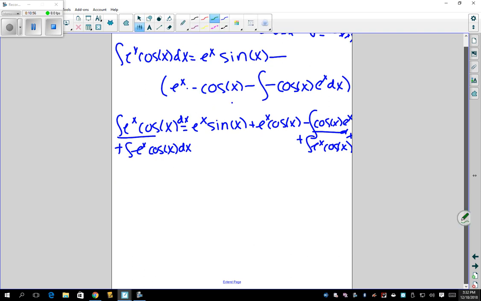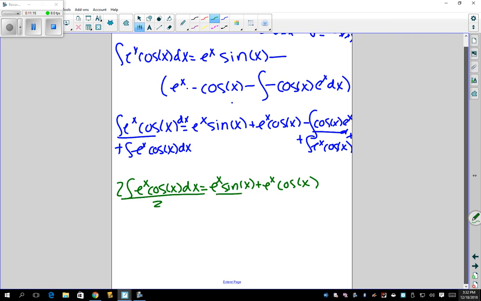So I get 2 times the integral of e to the x cosine x dx equals e to the x sine x plus e to the x cosine x. And now to solve for this integral, all I need to do is divide by 2.